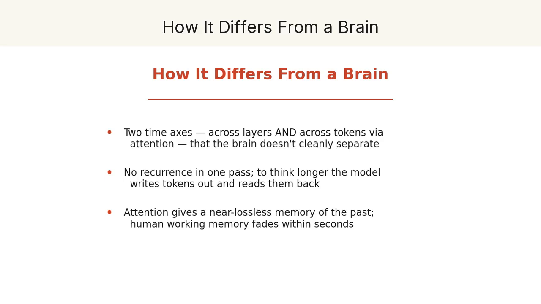There's no built-in recurrence within a single forward pass, so to think for longer, the model has to externalize, writing tokens out and reading them back in, its thinking punctuated by the bandwidth limit of language. And attention hands it something no human has, a near-lossless memory of everything earlier in the context. Human working memory, by contrast, is tiny and fades in seconds. Same functional role, very different hardware.